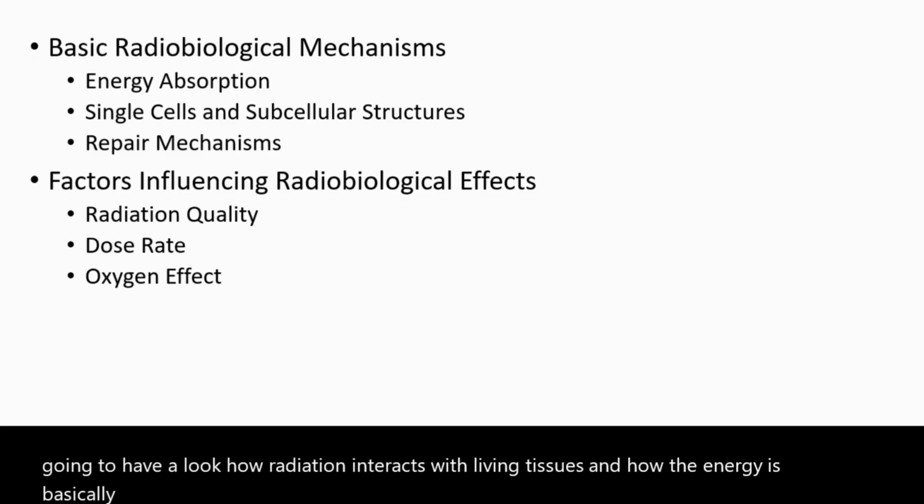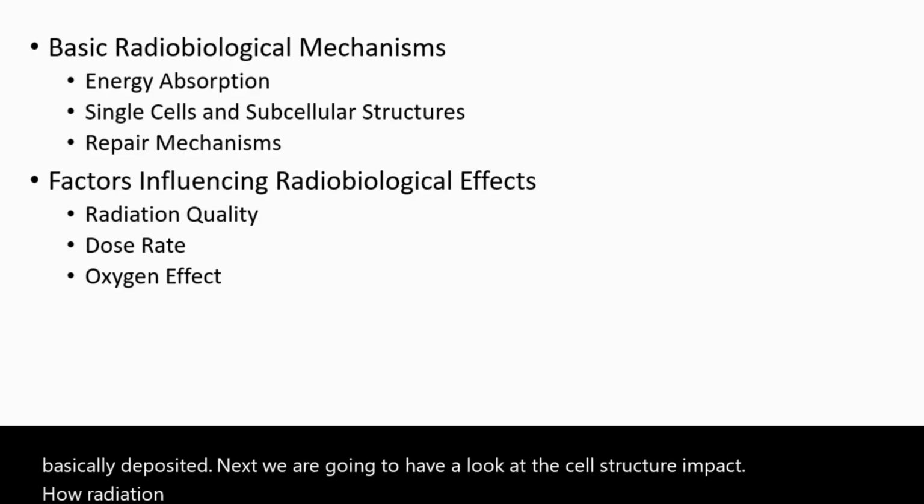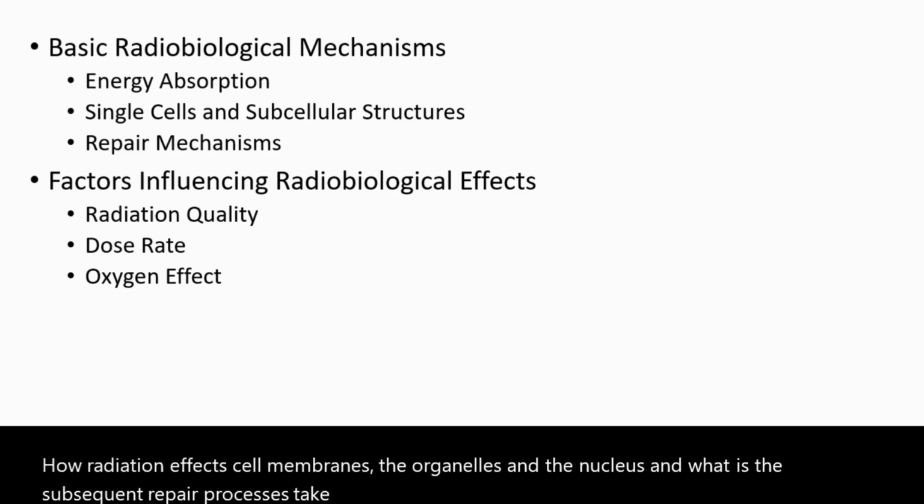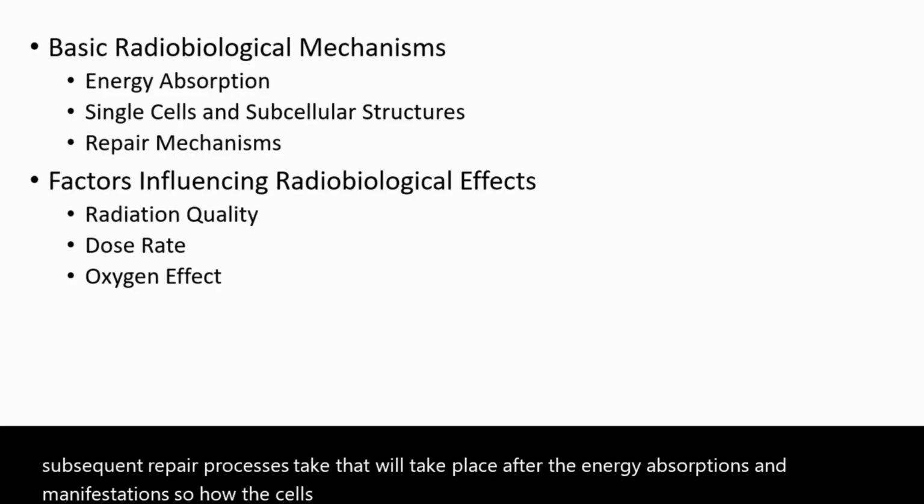Next, we are going to have a look at the cell structure impacts, how radiation affects cell membranes, the organelles, and the nucleus, and what are the subsequent repair processes that will take place after the energy absorption and manifestations. So, how the cells try to fix radiation-induced damage at the cell cycle, different cell cycle phases, and so on.